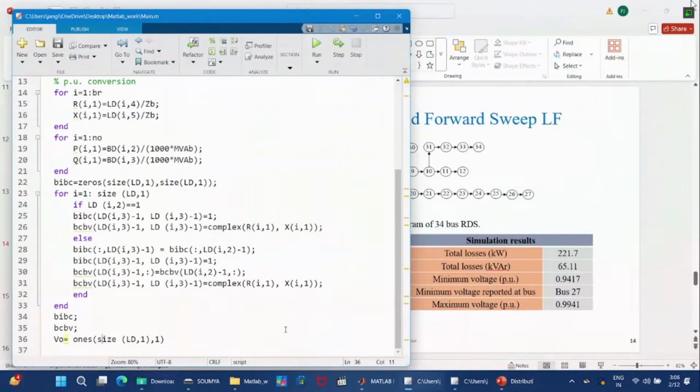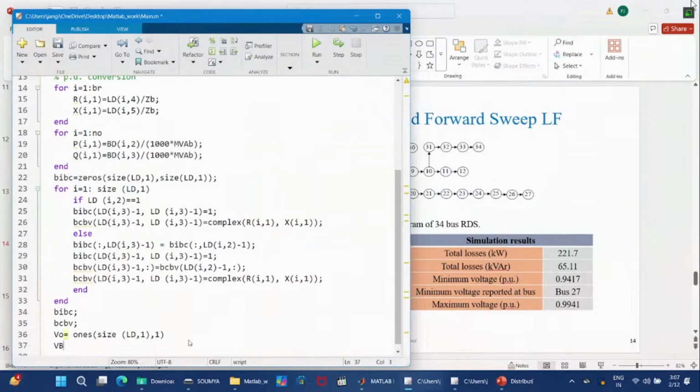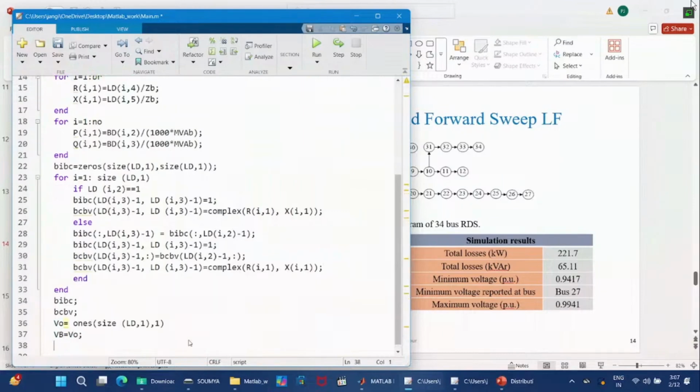So we are supposed to calculate the initial bus voltage. Let's consider this BB. For the first scenario it is supposed to be V1, and here we will set the convergence criteria, or iteration.